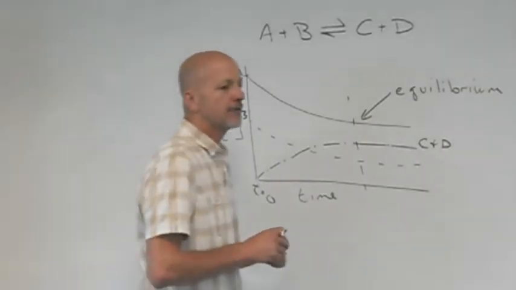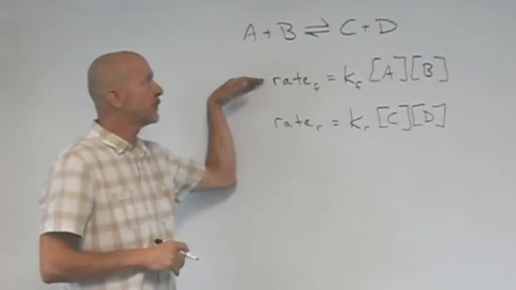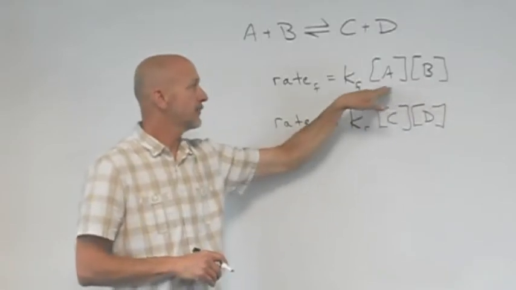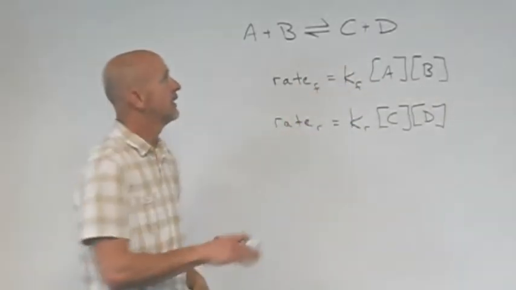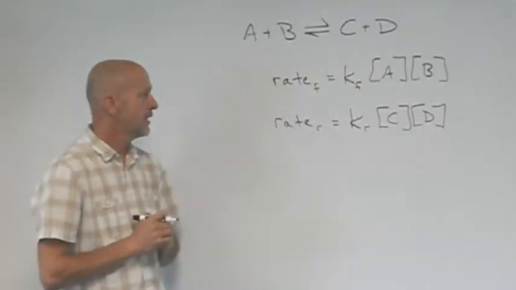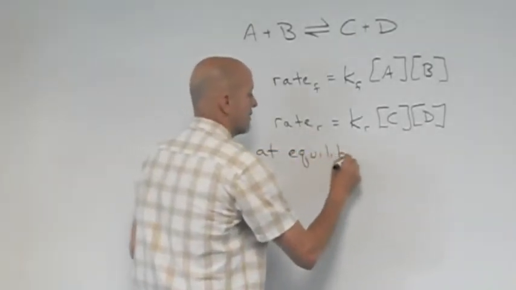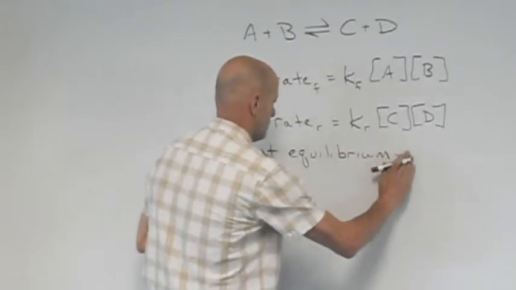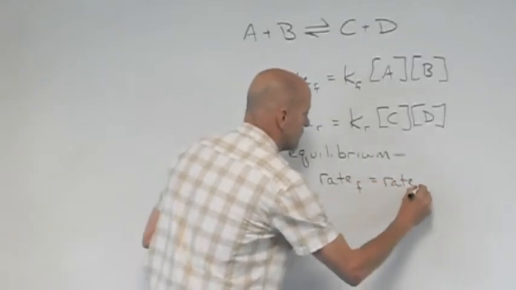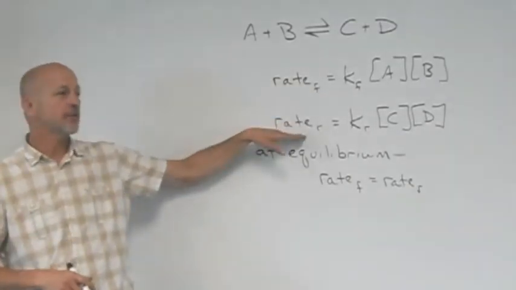Let's take a look at now, let's write our equilibrium expression or turn it into a rate law. Okay, so this was our rate law for the forward reaction. I've got it first order, I made an elementary reaction of A and B, a collision of A and B. So first order to A, first order to B going forward. In the reverse direction, I have first order to C and first order to D with different rate constants. At equilibrium, when I get to that equilibrium point, the rate of the forward reaction equals the rate of the reverse reaction.